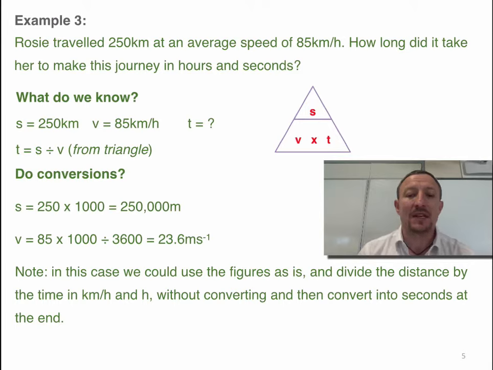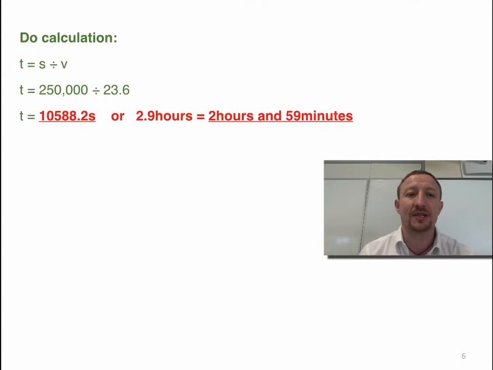So as you can see at the bottom, it says in this case we could use the figures as is. Well, that's fine because everything's going to be in hours, and then we can convert into seconds at the end. So it's entirely up to you how you do it. So we're going to use this formula because it's useful using the conversions. So we can go on and do our calculation.